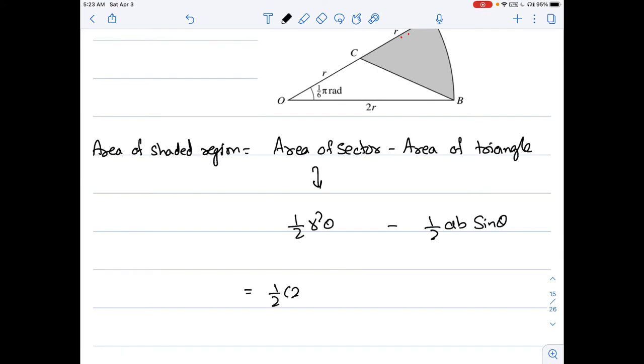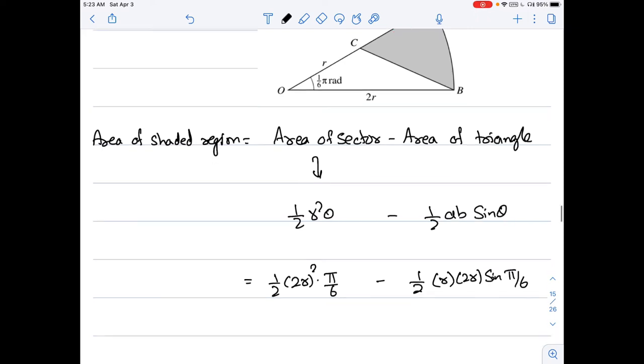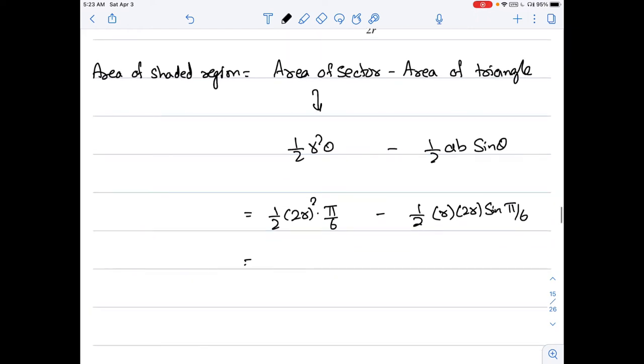Half, the radius is 2r, whole square times pi upon 6, minus 1 upon 2. The sides of the triangle are r and 2r, and the angle is sine pi by 6. So I try to simplify that. It becomes 1 upon 2 times 4r square times pi upon 6 minus 1 upon 2 times 2r square times sine pi upon 6.